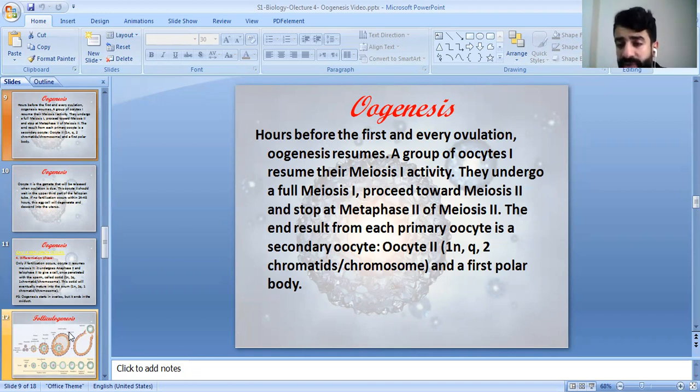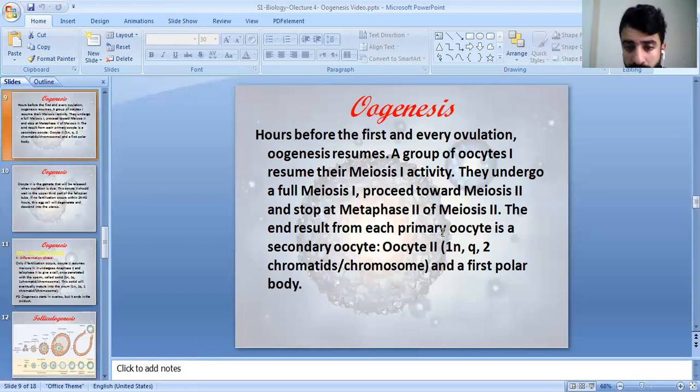The end result from each primary oocyte that completed meiosis 1 and underwent meiosis 2, stopping at metaphase 2 of meiosis 2, is now called a secondary oocyte. They get larger in size, they have special characteristics, they are no longer primary oocytes, they are referred to as secondary oocyte, oocyte 2.